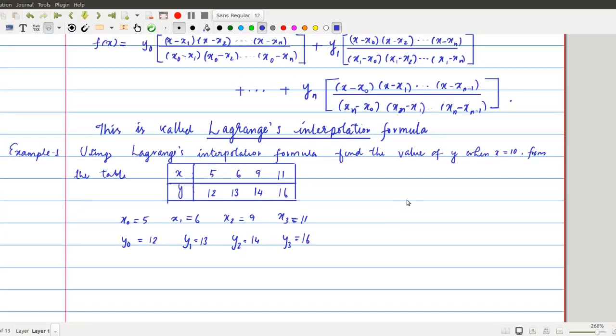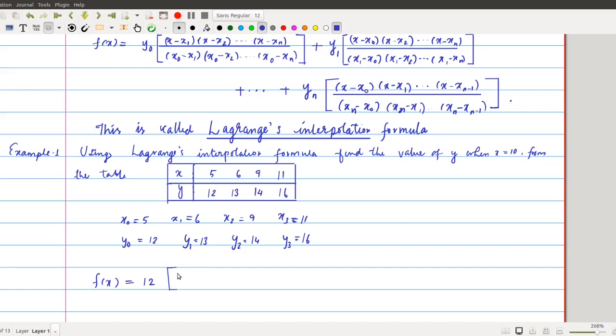In order to define f of x, we use this formula, f of x equals y0 times this one. So f of x is nothing but y0 times, where y0 is 12, the first value, and that times x minus x1, x minus x2, x minus x3.